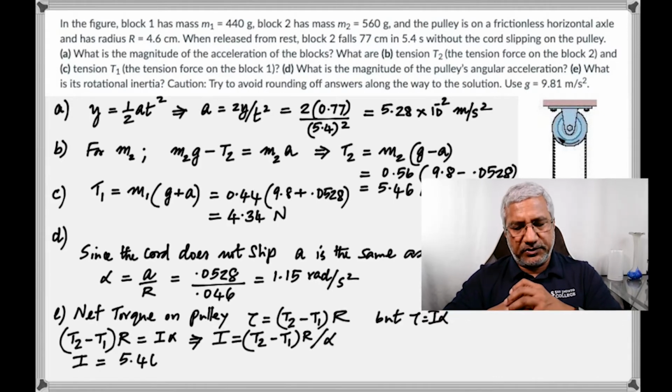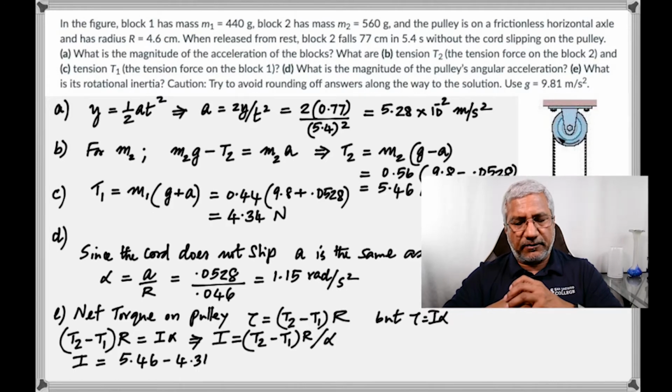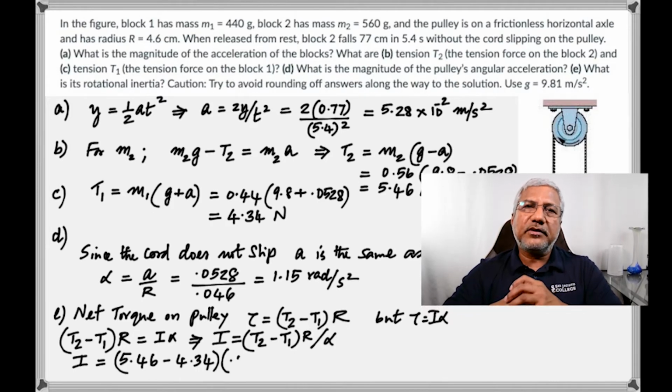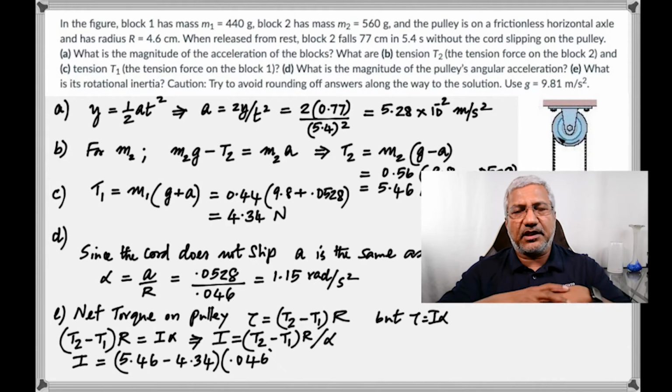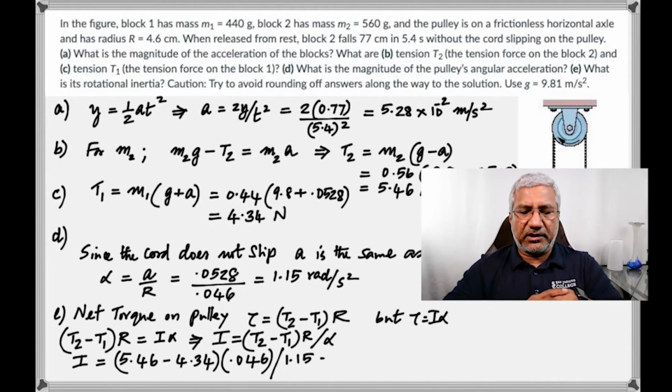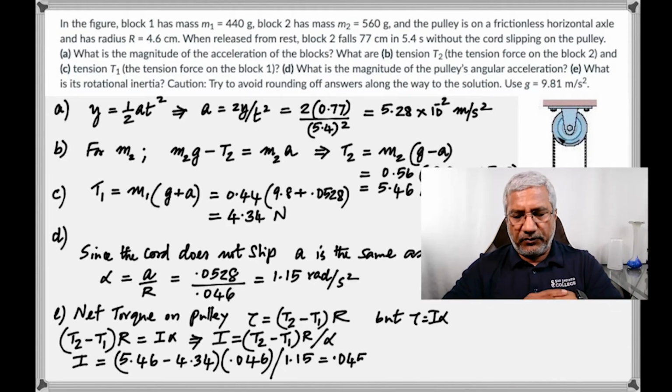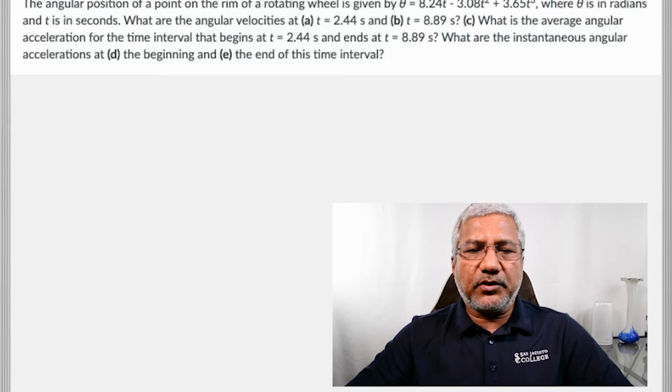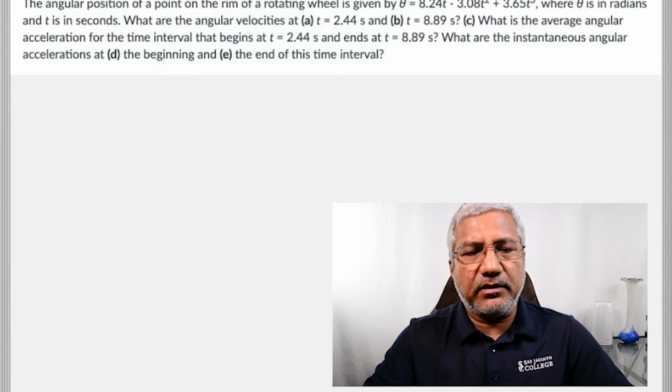Substitute the values and we will get the answer. Now I'm moving fast because it's just a calculation part. And we get 0.0451 kilogram meter squared.